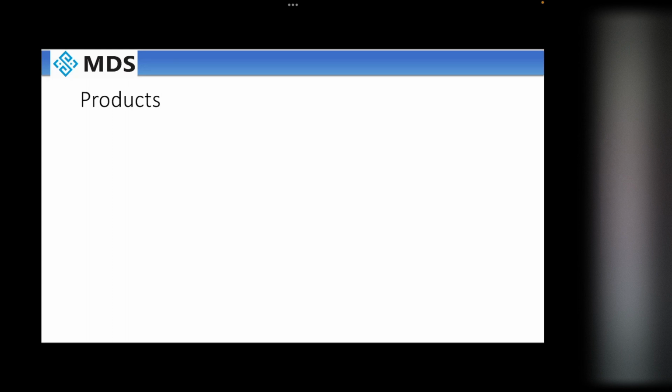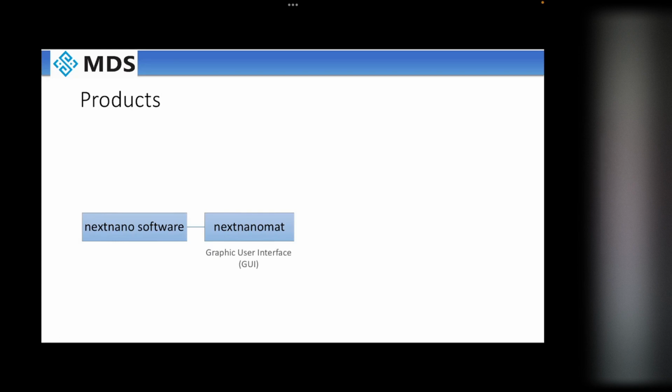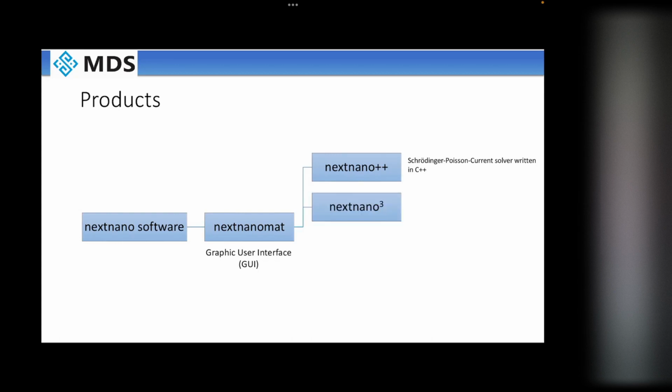Coming to the product section, Nextnano includes Nextnano Mat, which is a graphic user interface. Along with that, it includes Nextnano Plus, which is basically a Schrodinger-Poisson current solver written in the C++ language.